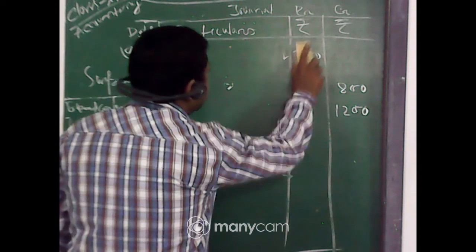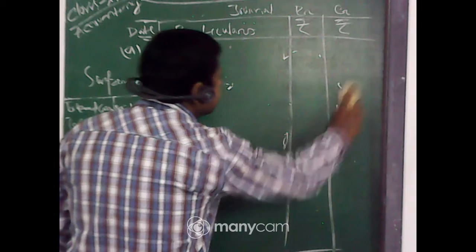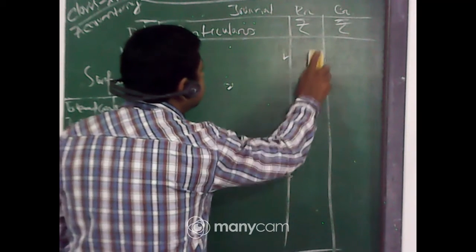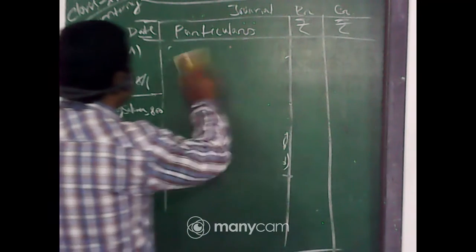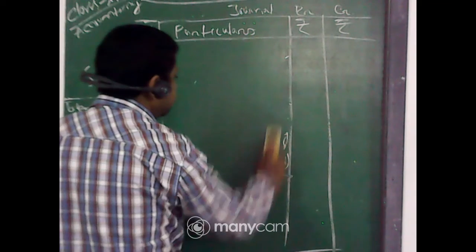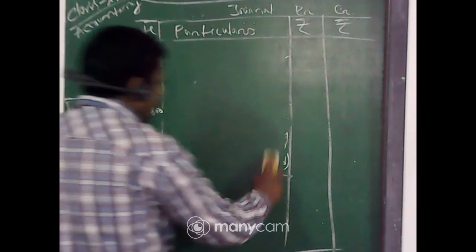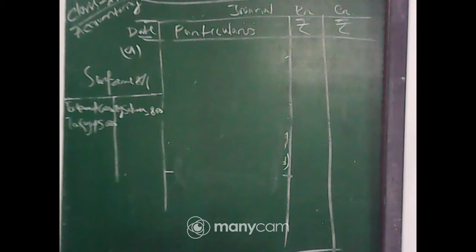Now come to the third entry: goods withdrawn by proprietor for personal use, rupees 1000.